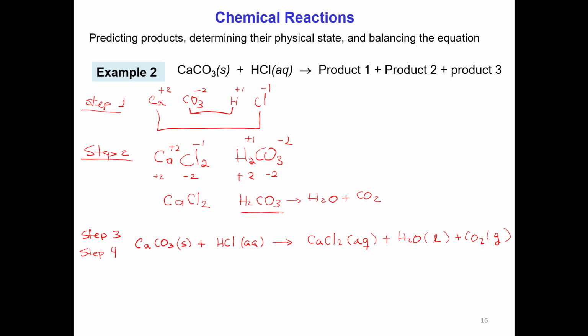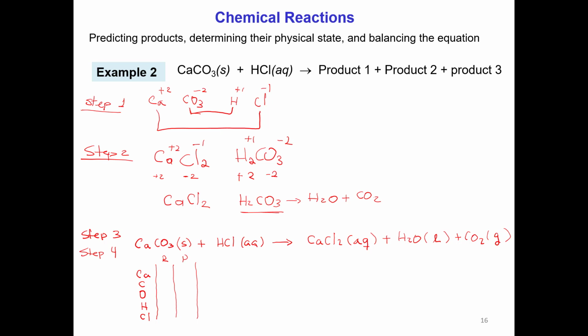To do that, we have to list all the elements present in the reaction. Then we will see how we can get the same number of atoms on both sides of the equation. Then we have the reactants, we have the products here.